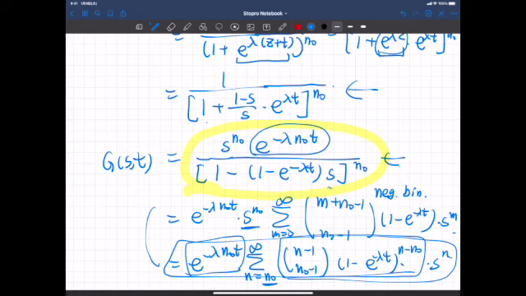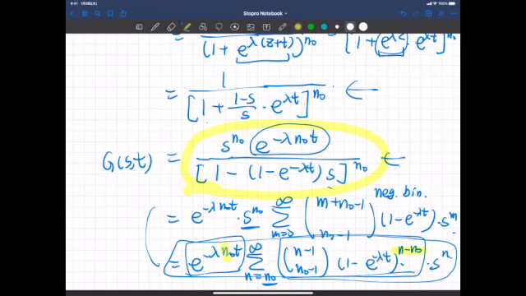So in this case, n minus n0 is the number of cell divisions, individuals that came as a result of cell division, right?